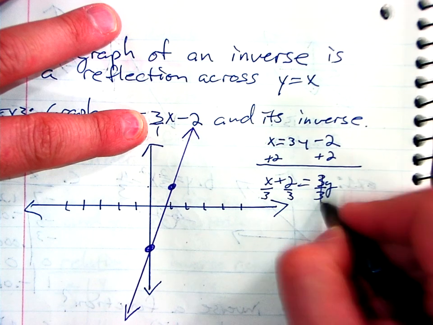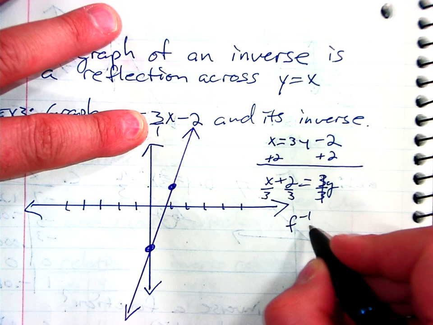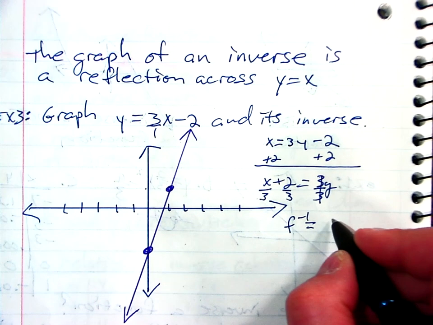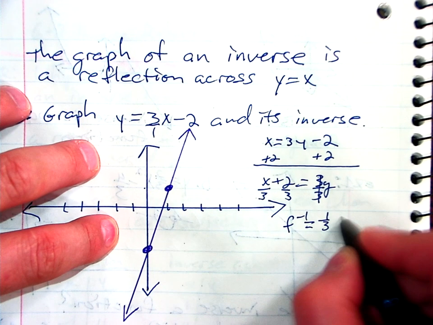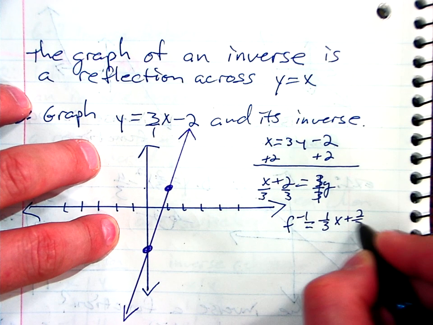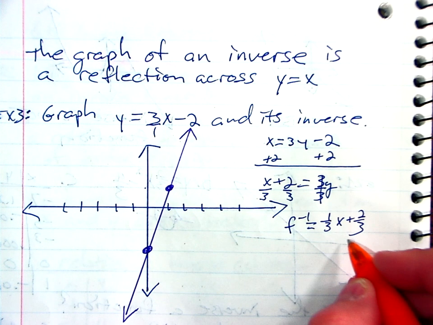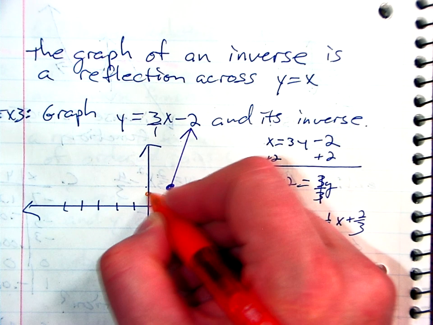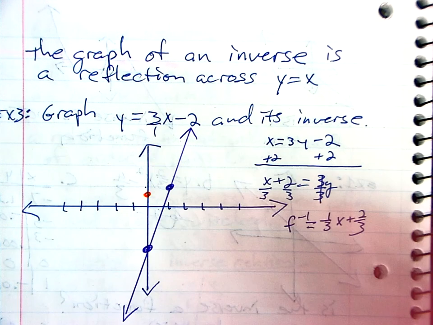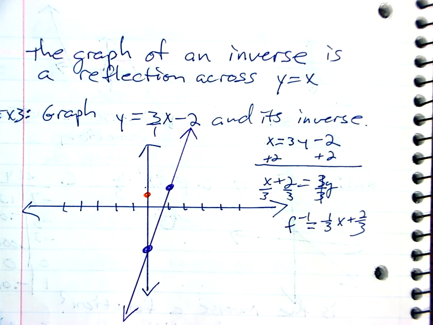All right, so now we have f of negative 1 equals 1/3 x plus 2/3. I'm going to graph this one in orange. My starting point is up 2/3, so get approximately 67% of the way between 0 and 1.